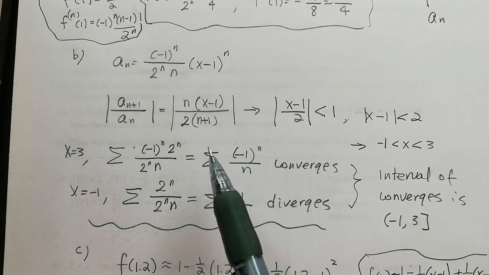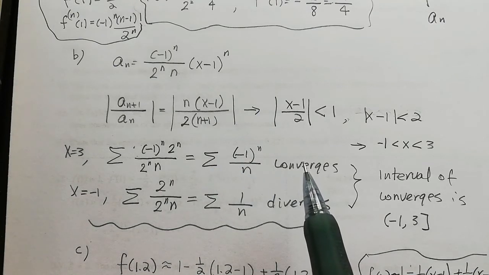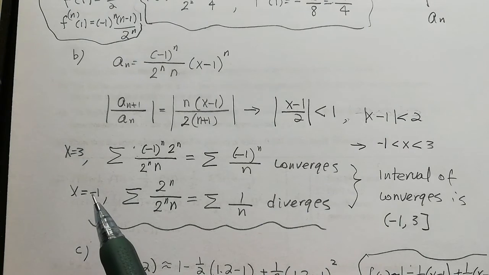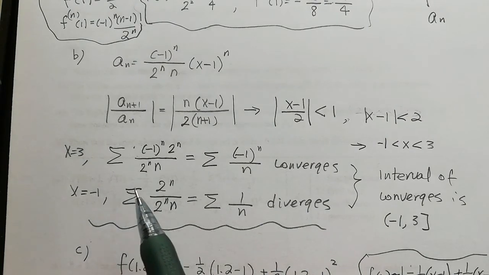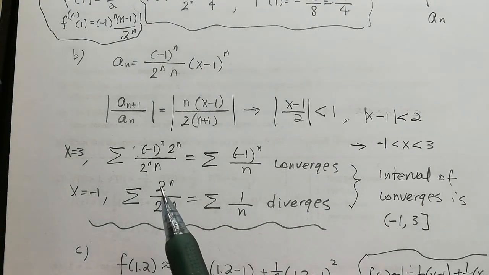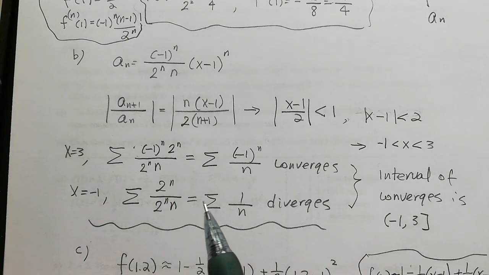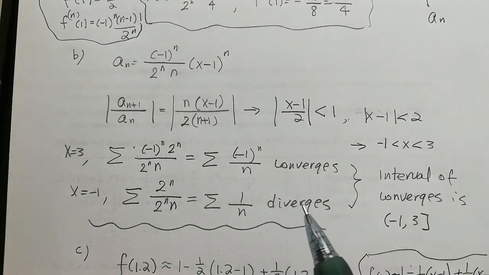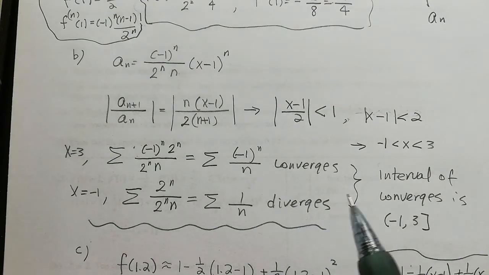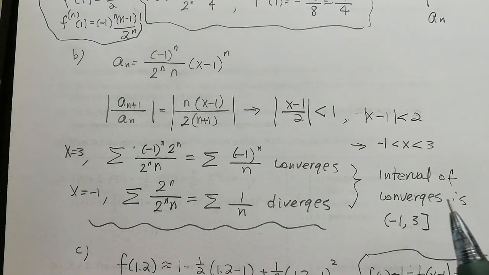So you know this series converges. And for x equal to -1, you plug in -1 into the original series, and you will get 1 over n. This is a harmonic series which diverges. So the interval of convergence is just -1 open bracket to 3.